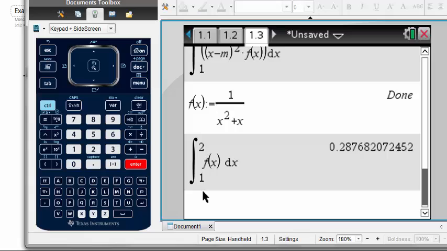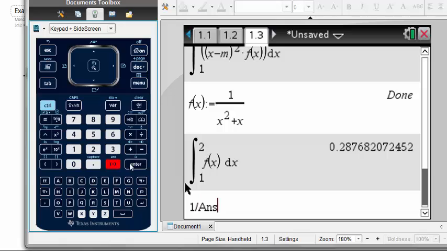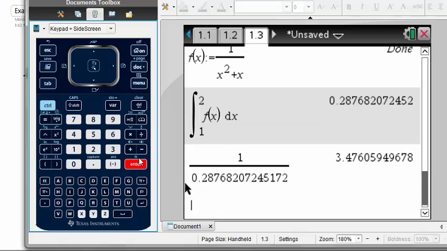And to get k, we are simply going to do 1 divided by our answer. So k is equal to approximately 3.48, and guess what I'm going to do with it? I'm going to store it as k.